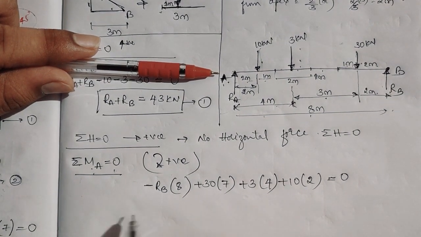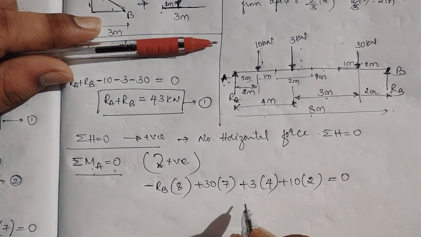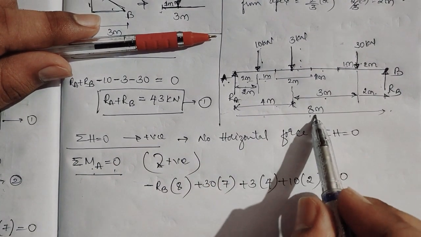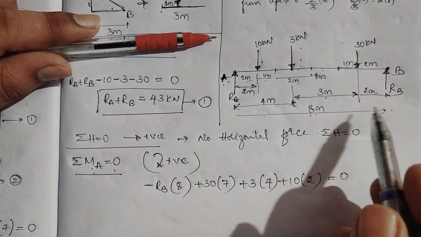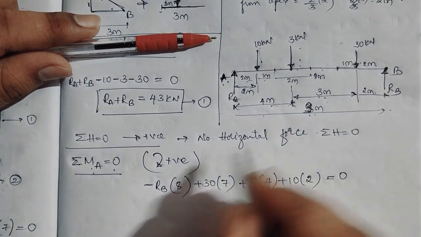Fine. So we have to solve for RB. So 8 RB, is it 8, right? 7, 8, 9. It is 9 meter, sorry. 4, 3, 7, 8, 9.